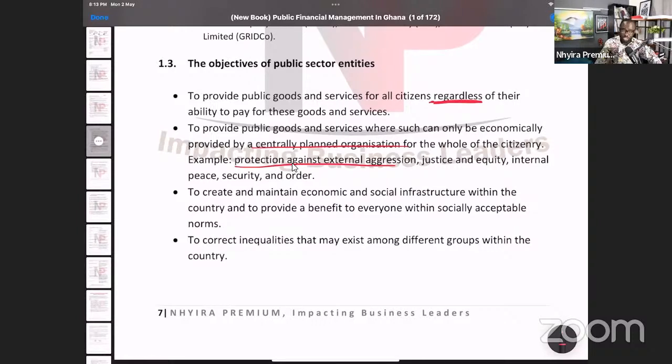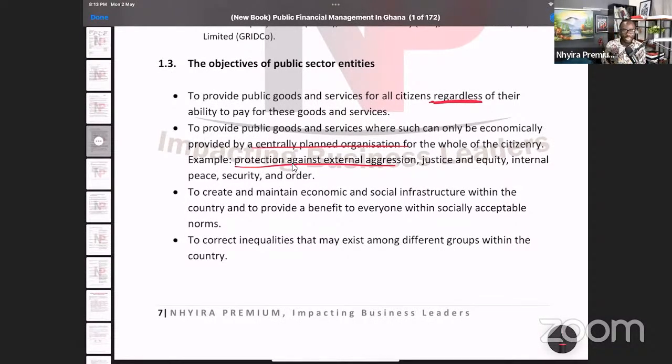Allegedly, you're supposed to pay something before they go and pick up the person, because they will tell you, if I'm going, you're going to fill our tank for us, or give us something. But you are not supposed to pay for some of these things. They are supposed to be funded by government. Generally, these services should be provided by the government. Hence, they are provided by the government.